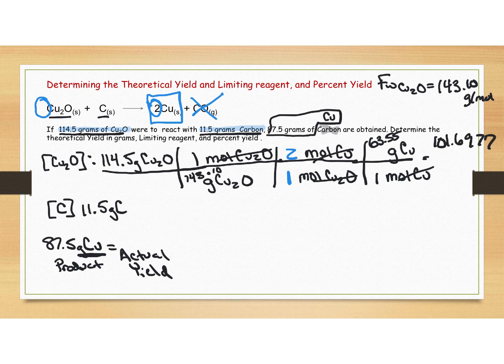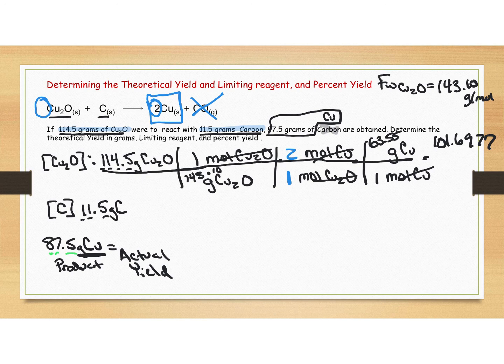Now, I started with four significant figures up here. I have 3 significant figures here and 3 significant figures in my actual yield.